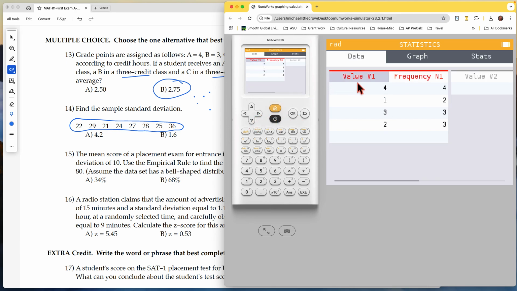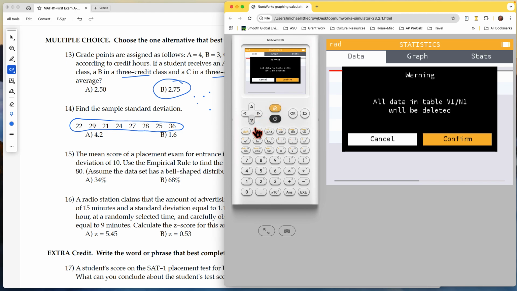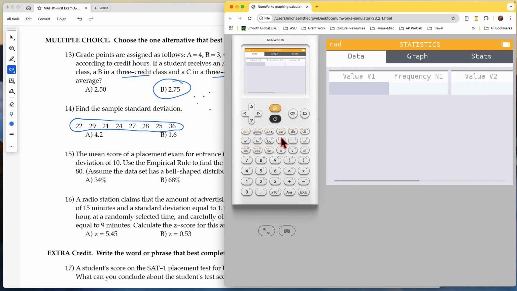We're going to clear out our values, we hit clear, and we have to confirm, and now it's cleared out. We just put in our data, 22, enter, 29, 21, 24, 27, 28, 25, and 36.